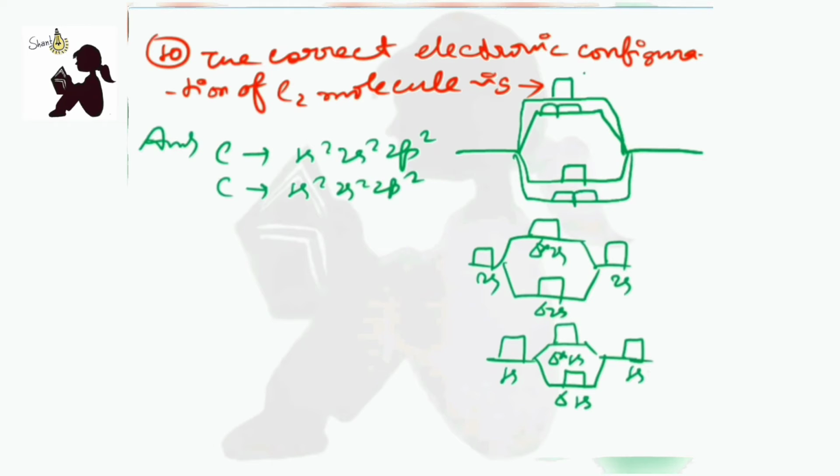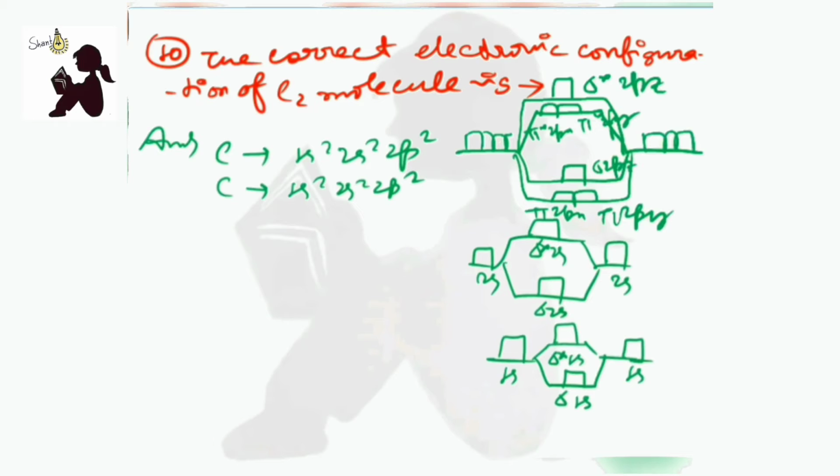So it will be our sigma star 2pz, pi star 2px, pi star 2py. Okay, and it will be sigma 2pz, pi 2px, pi 2py, and we will write 3 orbitals here like this.